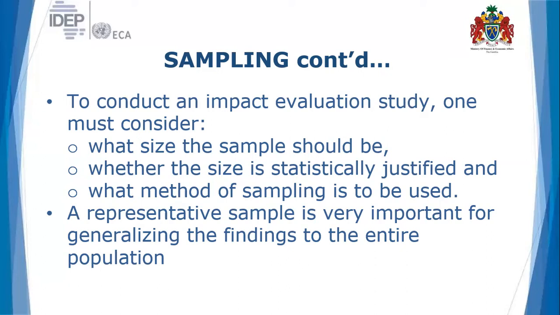And then, what method of sampling should be used? This is very important because, as we'll see shortly, there are different sampling techniques, and these are used in different circumstances, or based on different assumptions and circumstances.